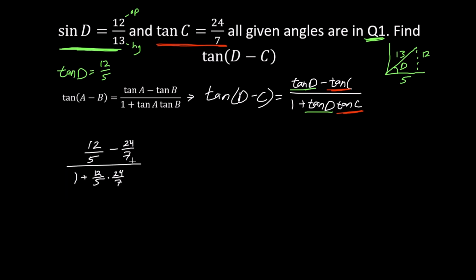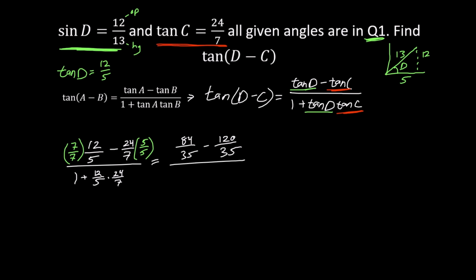So I need to follow proper order of operations as I go through this. So I'm going to find a common denominator. Easiest way to find a common denominator is to scale this one up by the denominator of the other and scale this one up by the denominator of the other. So 12 times 7 is going to be 84 over 7 times 5, which is 35, minus 24 times 5 is going to be 120 over 7 times 5, which is 35.